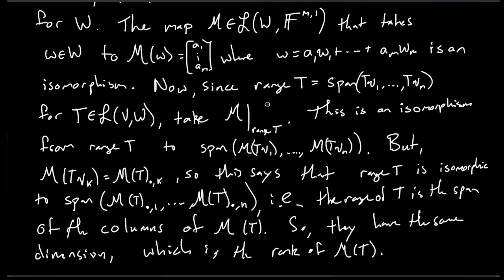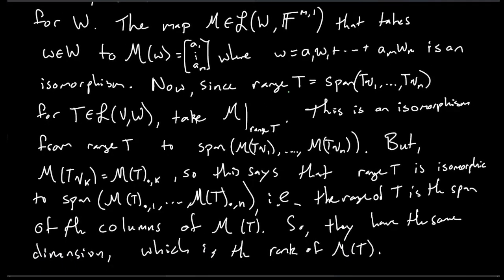Okay, now all you got to do is say, hey, the range of a linear map is the span of the images of basis vectors under that linear map.